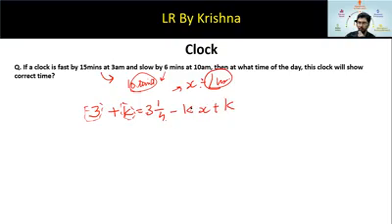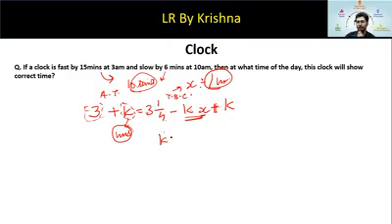Simple equation. Actual time equal to time shown by clock. Actual time is k hours have elapsed. And in k hours, this clock is losing kx hours and plus k also. Right. So these two should match.